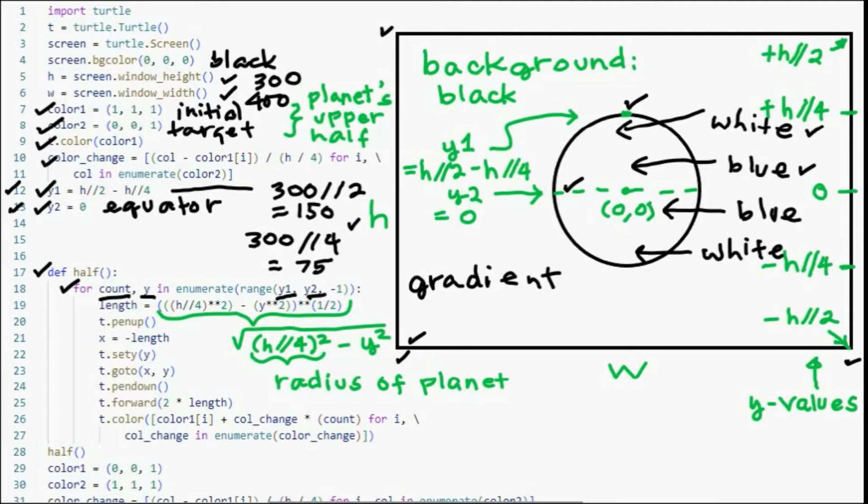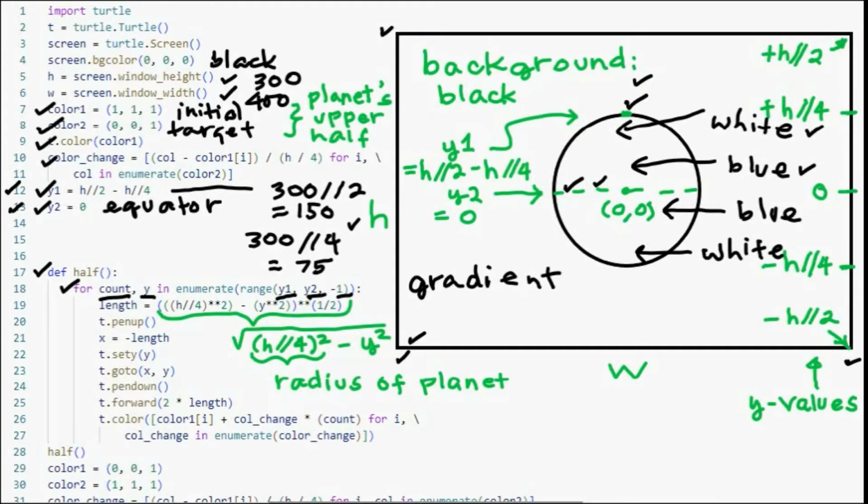And the change in the value of y is -1. So the value of y actually decreases as we go from the upper tip of the planet to the equator of the planet. That's for the first half of the planet.